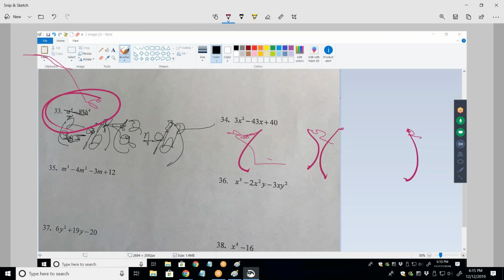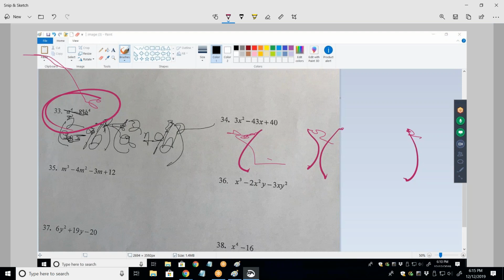No, you can't do it. In other words, 43x is not divisible by 3x squared. So we've already ruled greatest common factor out. So the only way to do this problem is by factoring, the normal way of factoring. It's just going to be harder.